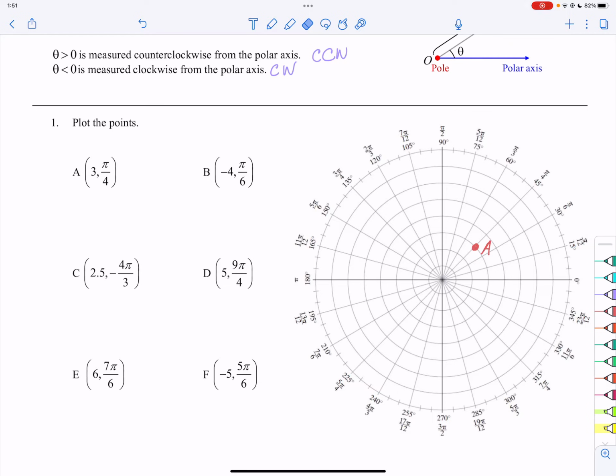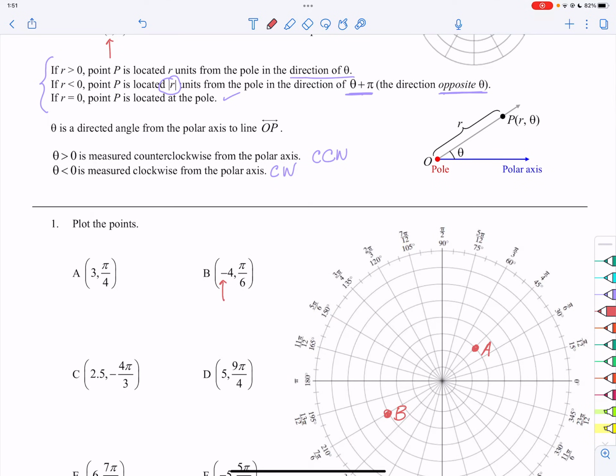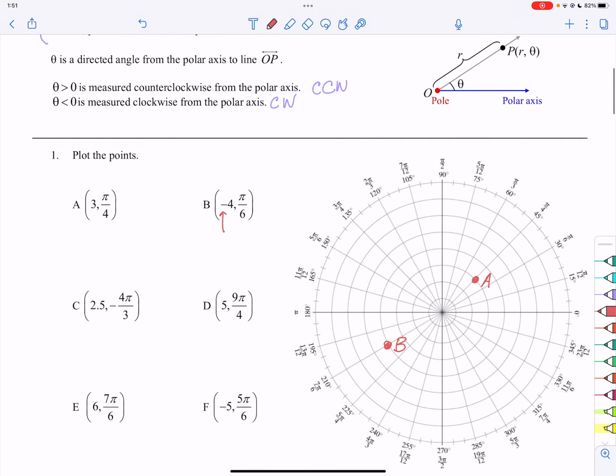So that will be 1, 2, 3, 4. And as you can see, this is B. Keep in mind that negative r, and I mentioned it up here, we will go in the other direction, or theta plus pi, opposite of theta.